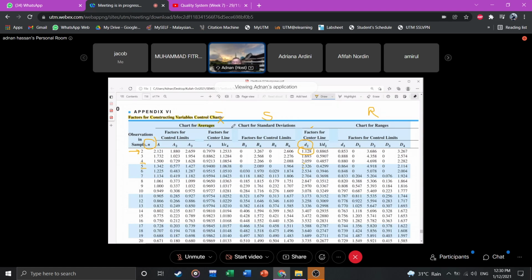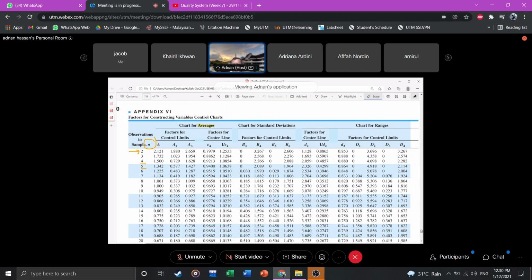Excuse me, Doctor. Why is our n 2? Because this is a moving range. We are taking only one sample, right? We are taking one sample, but to get the moving range, we need two values, because we are comparing the current value and the earlier value.